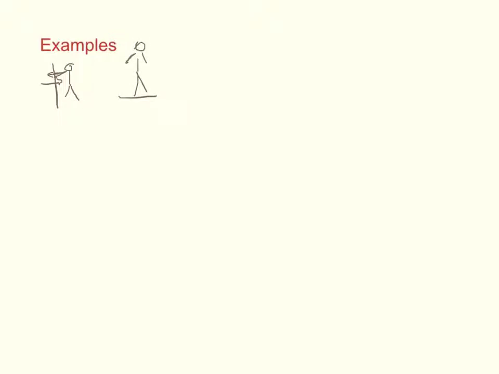Well, Newton's third law says that if the earth is pulling on a man, the man is also pulling on the earth. Action, reaction. Another example could be a hand hitting a desk. The desk is therefore hitting the hand.